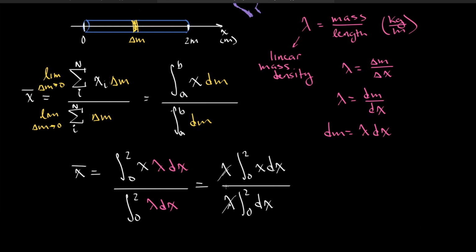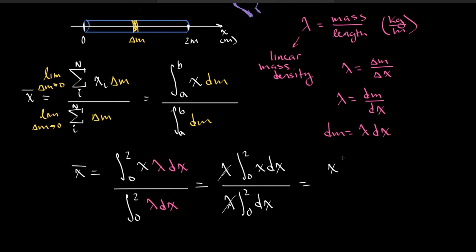And I need to say this because in the next video, we're going to have a density function, and we definitely cannot pull out lambda when we actually have a density function. So we can only pull out lambda in this scenario because we were told that this is a uniform rod and it has a constant density. So we're treating lambda as a constant here, but it won't always be. So just remember that.